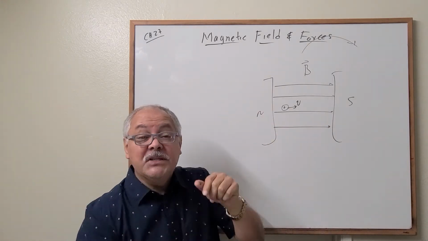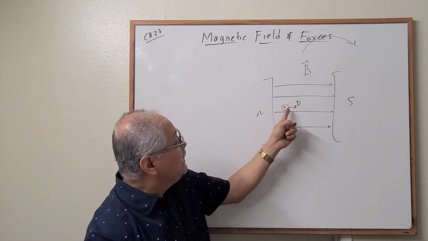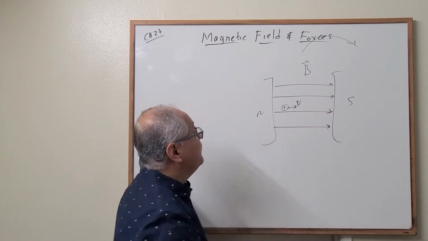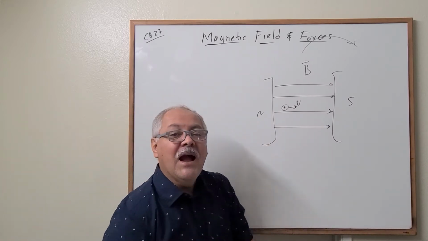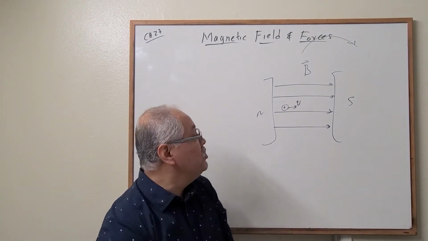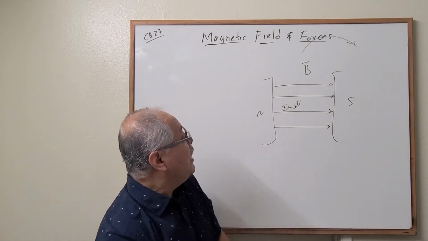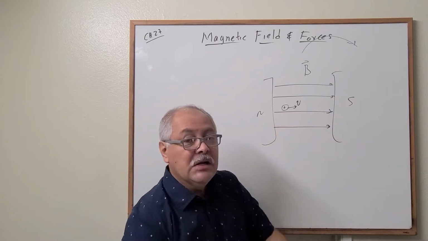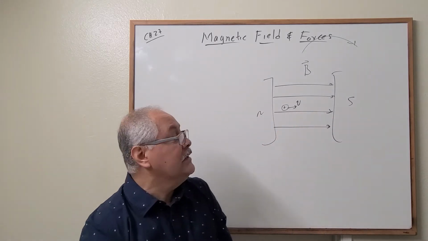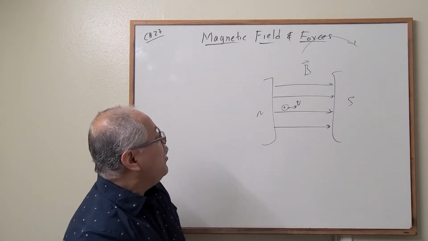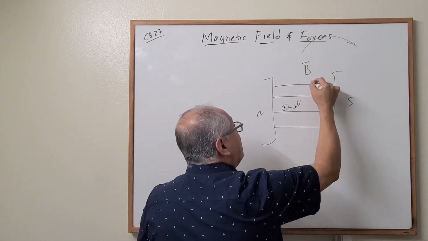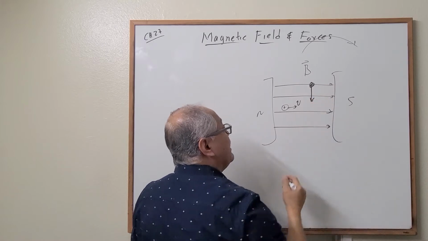Now, it's found by experiment that when the velocity is parallel to the magnetic field, nothing happens to the charge in motion. It keeps moving at constant speed. But what happens if the charge moves perpendicularly to the magnetic field?